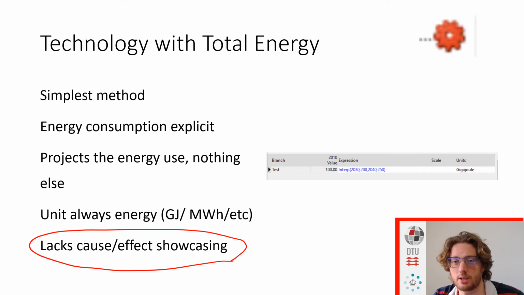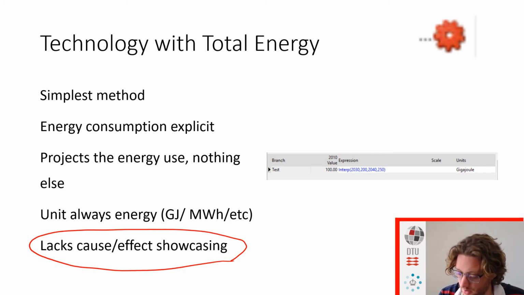Well, it doesn't tell you. If you have differences between scenarios, why that difference is happening, you will not be able to tell anybody with this method in the model. So it should only really be used when you know very, very little about the sector.